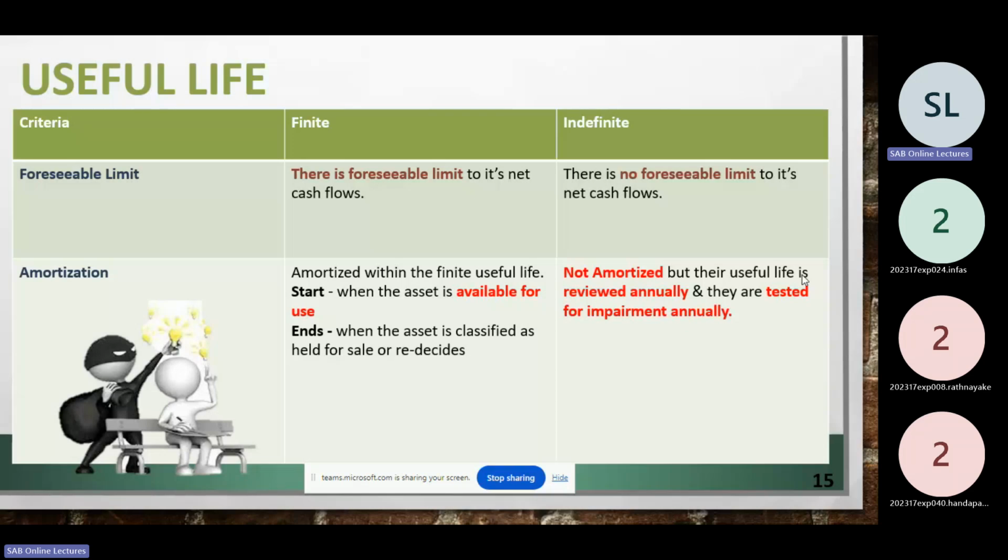When considering amortization in finite useful life, amortization starts when the asset is available for use and ends when the asset is classified as held for sale or derecognised. In indefinite useful life, the asset is not amortized, but its useful life is reviewed annually, and there are tests for impairment annually.